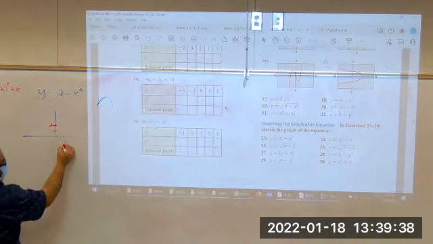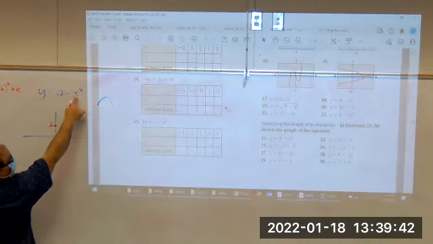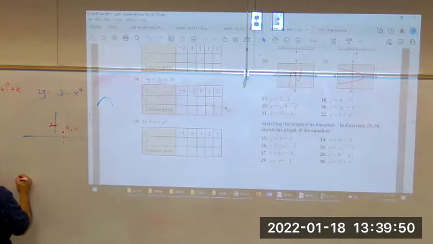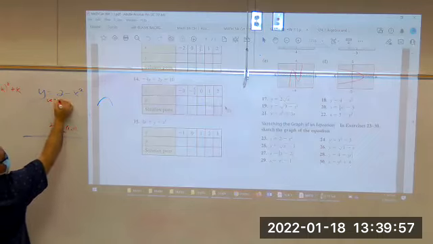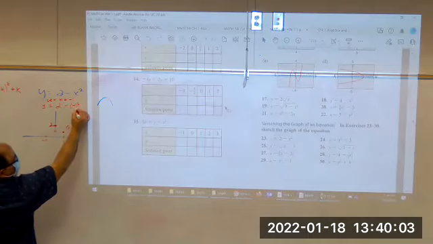Plug in the 1 to the right. Plug in 1. 2 minus 1 squared. 1 squared is 1. 2 minus 1 is 1. So when 1 goes in, 1 comes out. When you plug in negative 1, if I let x equal negative 1, y equals 2 minus (negative 1) squared.